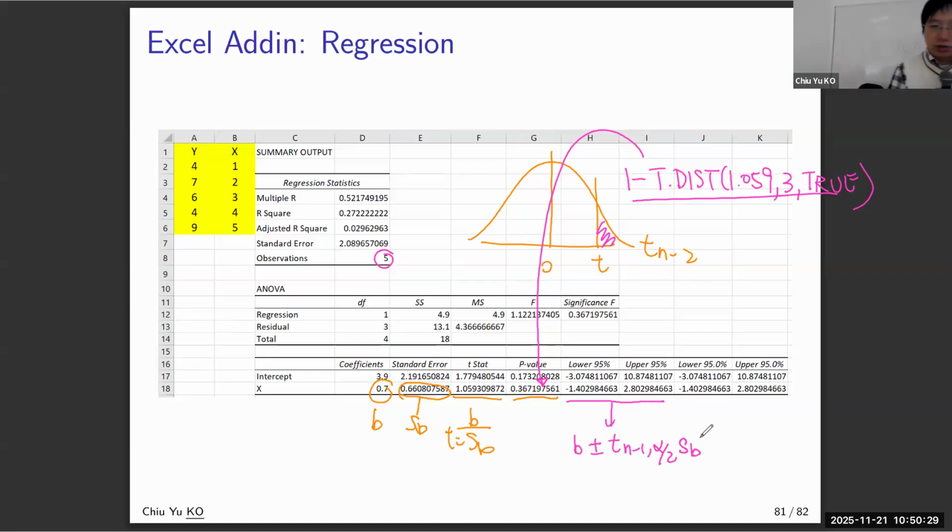This guy you should know already, right? 95%, so there will be T inverse of 0.975 with 3 degrees of freedom. Okay, so you can check. You should check as well at home whether this number plus or minus this number times 0.66 is actually these two numbers. You can check.